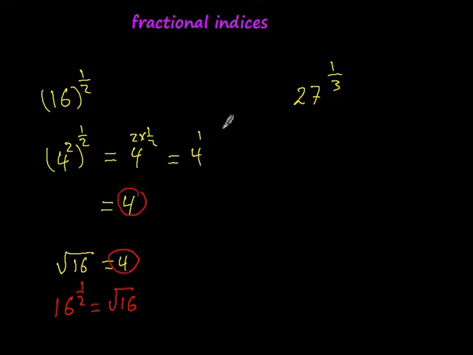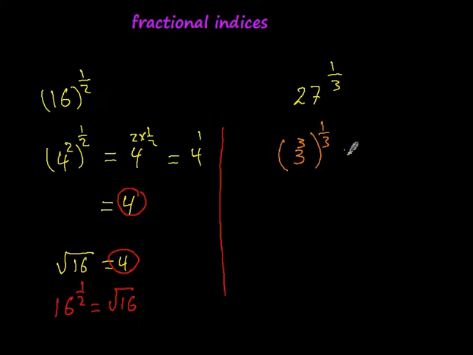And now let's think of 27 to the power of 1 over 3. Similarly, 27 can be written in the form 3 to the power of 3. So I will rewrite this base to be 3 to the power of 3. And don't forget, 27 actually is raised to the power of 1 over 3.